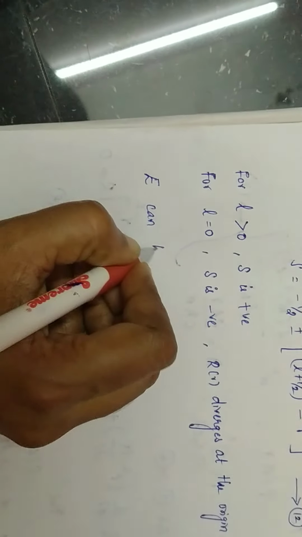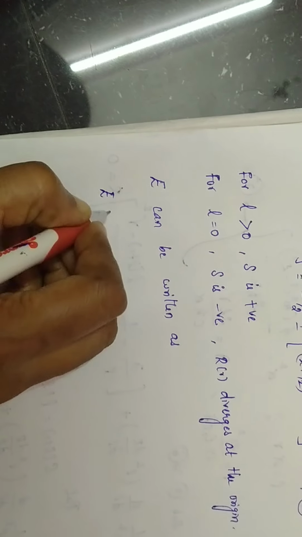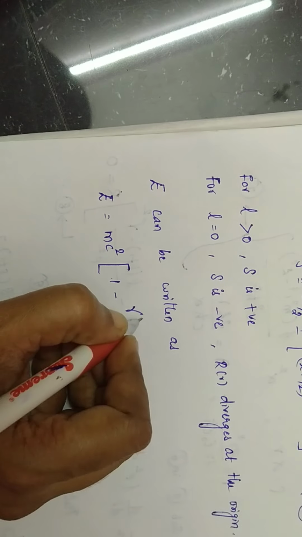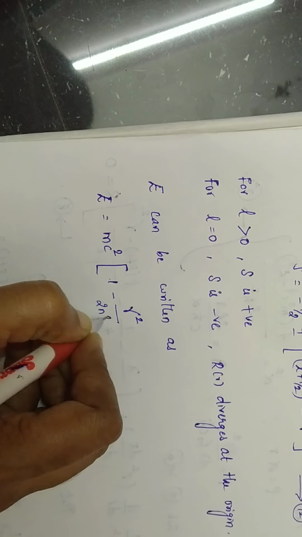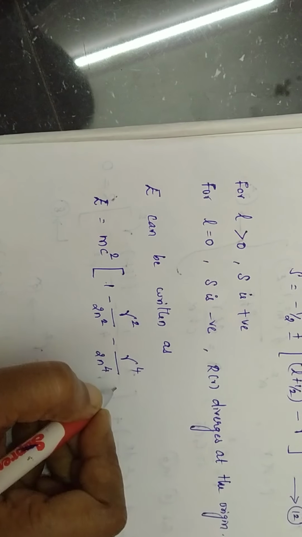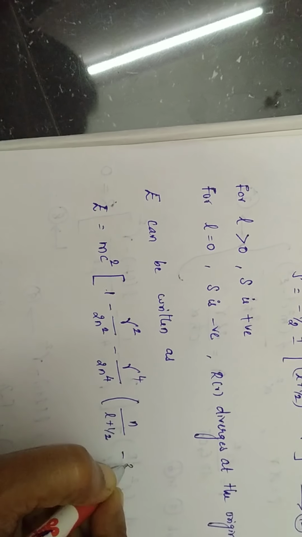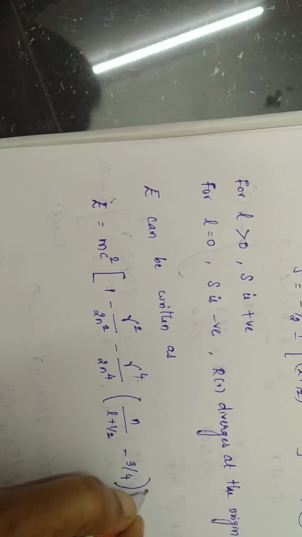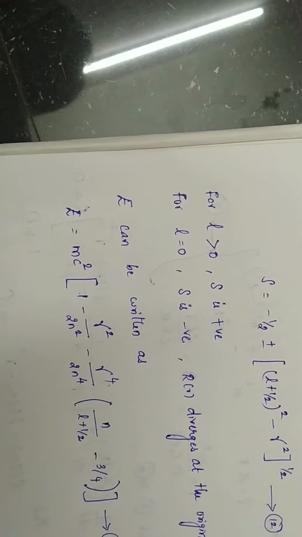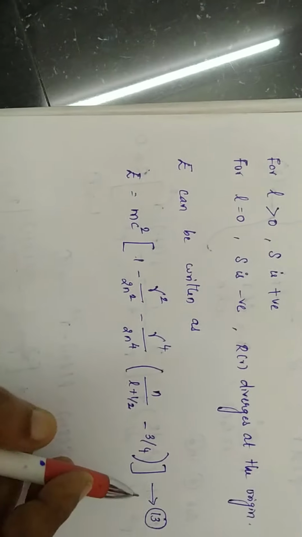E can be written as mc square into 1 minus gamma square by 2n square minus gamma raised to 4 by 2n raised to 4 into n divided by L plus half minus 3 by 4. This is the binomial energy expression when the value of L is greater than 0. This equation is marked as equation number 13.